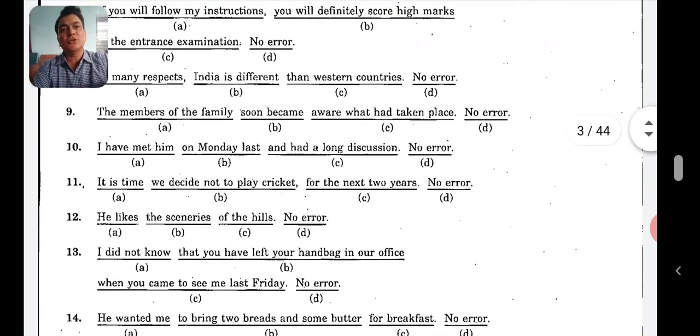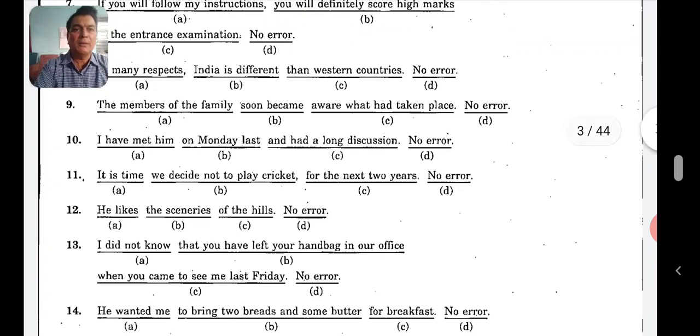The members of the family soon became aware what had taken place. The members of the family soon became aware of what had taken place. With aware what will come? Of will come, that preposition. So preposition is very important. See here in the case of different from.